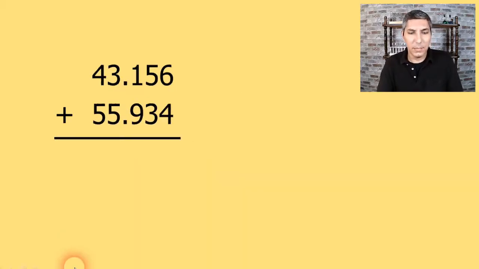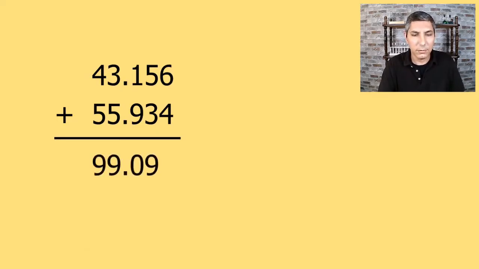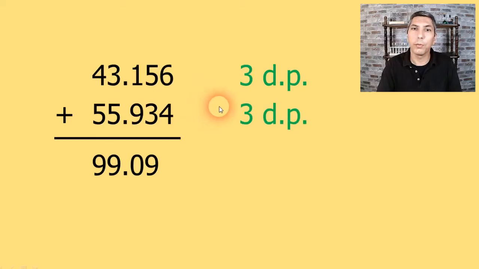So here is a typical addition question that you might have. If you were to key this into your calculator, you'd find that the answer is 99.09. Well, the rule is whenever we're adding or subtracting, you need to take a look at the decimal places that you're expressing. So in the first addend here, we have 3 decimal places, and in the second addend, we also have 3 decimal places.